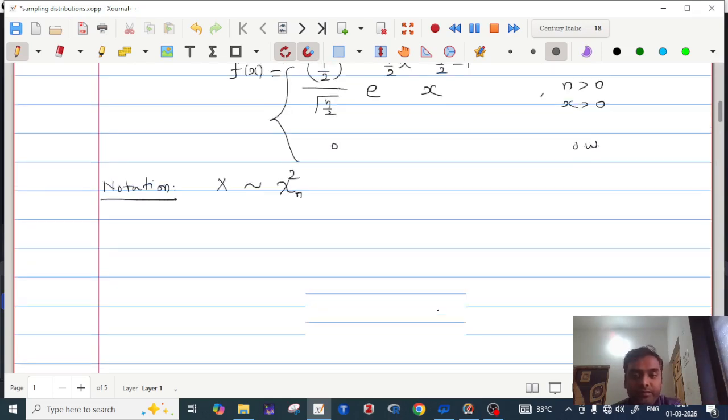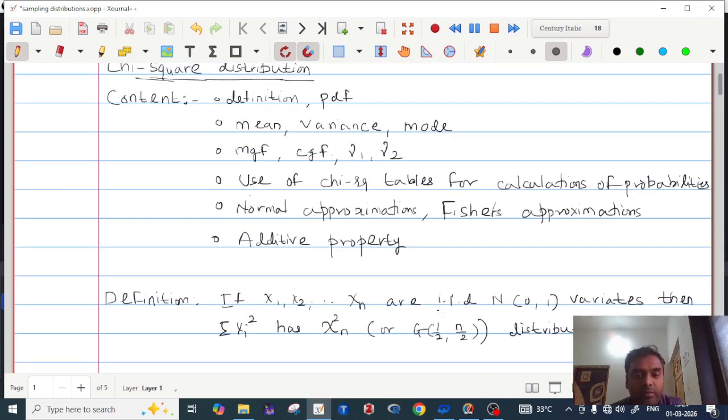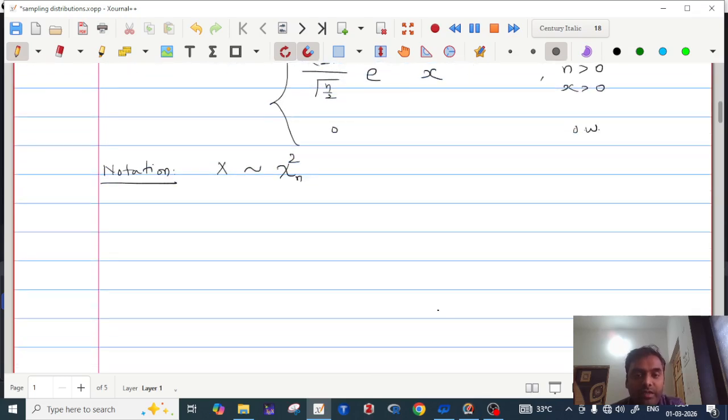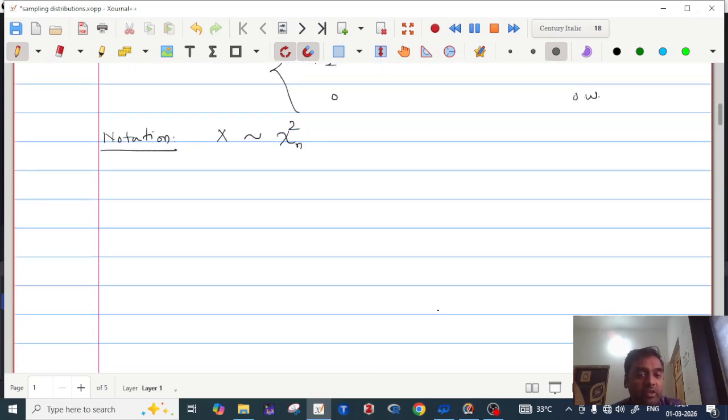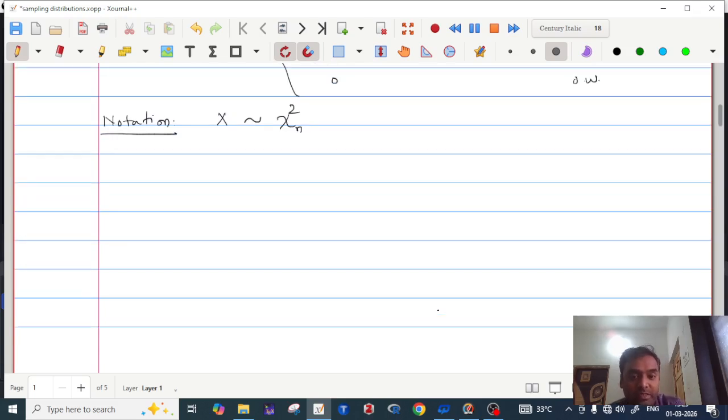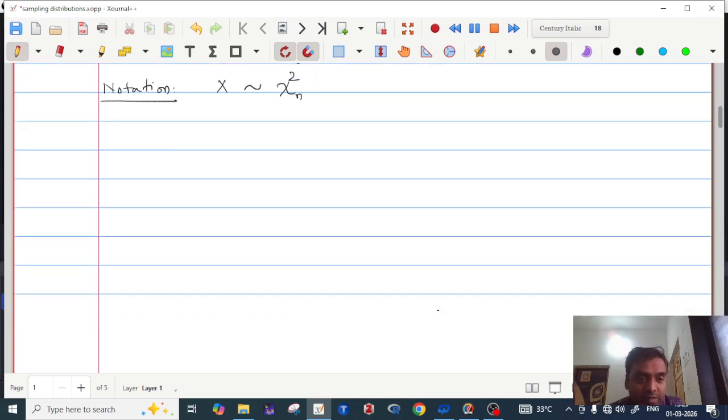Then mean, variance and mode. So we will just provide the statement or the formulas. We will not derive the mean, variance, mode, because in this lecture we have to cover the three major topics: chi-square, t and F. Next is mean, variance and mode.